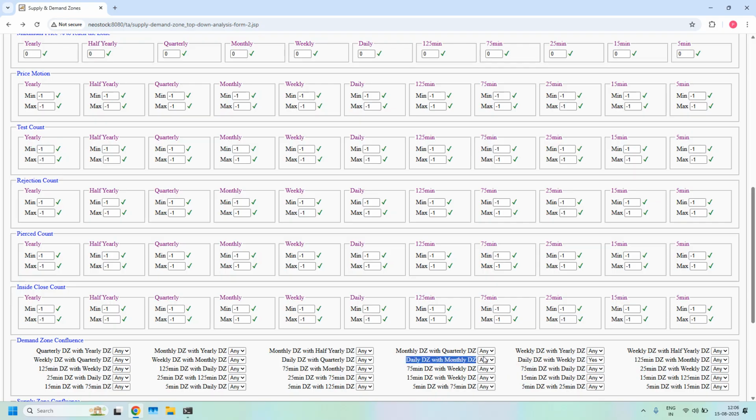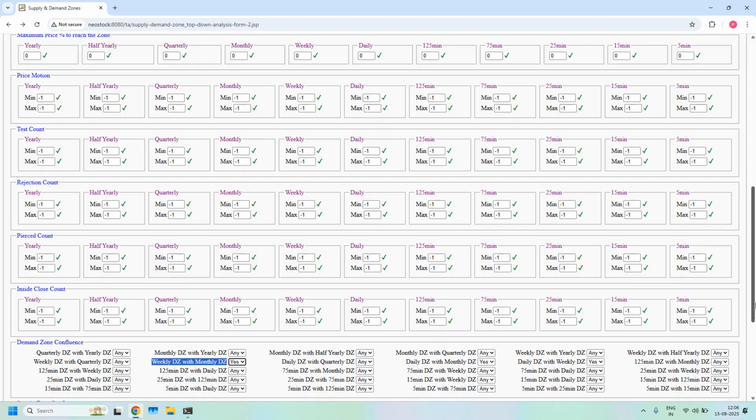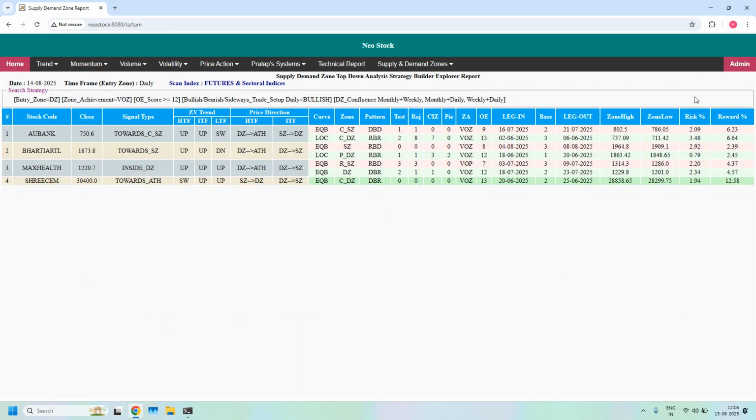Next, daily and monthly demand zone confluence is also enabled. The weekly and monthly demand zone confluence filter is also enabled. By enabling all 3 filters, daily, weekly and monthly demand zone confluence, we got 4 stocks. In these 4 stocks, these daily demand zones are overlapped with the weekly demand zone, and both together are again overlapped with the monthly demand zone.